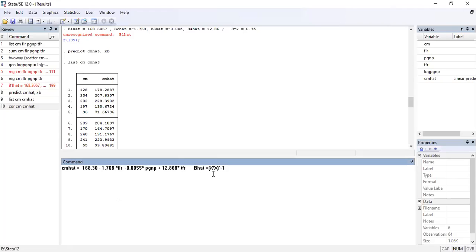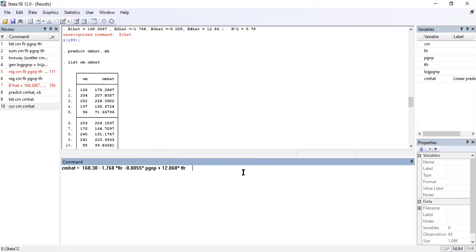So this is the X transpose X inverse matrix, multiplied by X transpose Y. What is Y? Y is the dependent variable. So they are somehow putting this formula here. Anyway, I'm not going to spend too much time on that. So this is the predicted Y.